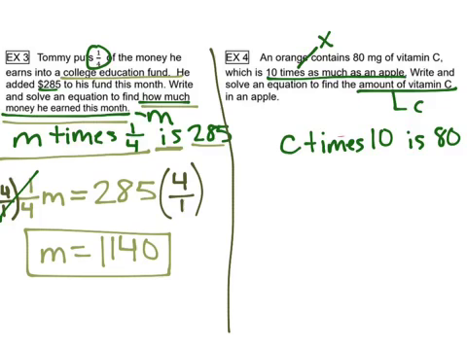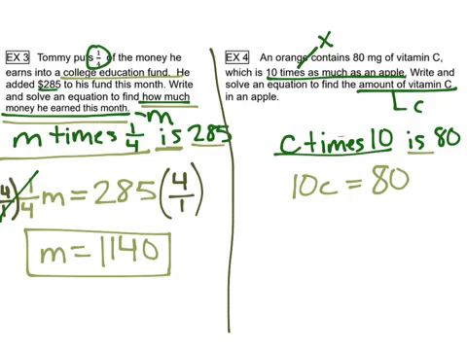So C times 10 is 80. Now if I translate that to math language, C times 10 I can write as 10C, just like I did in that other problem, equals 80, because is equals, and then that 80 is on the right side. So we have 10 times C equals 80.